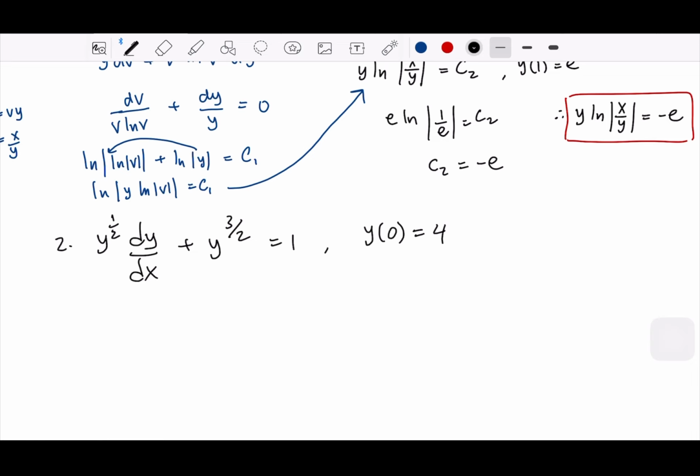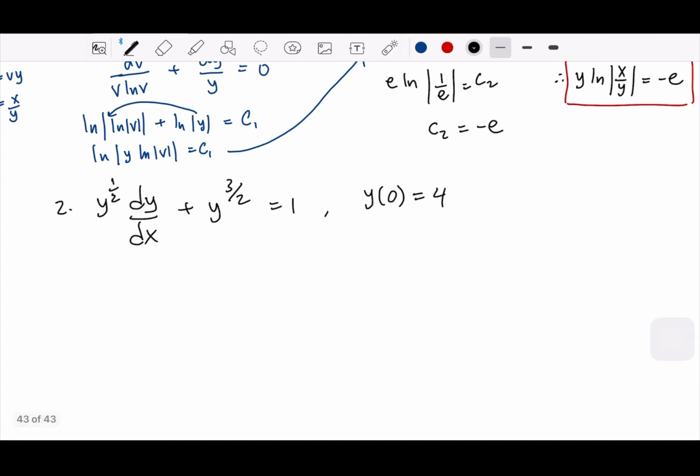So this becomes y prime, and the right side becomes y with power of negative 1 over 2. So we get dy over dx plus y equal to y to the negative 1 over 2.